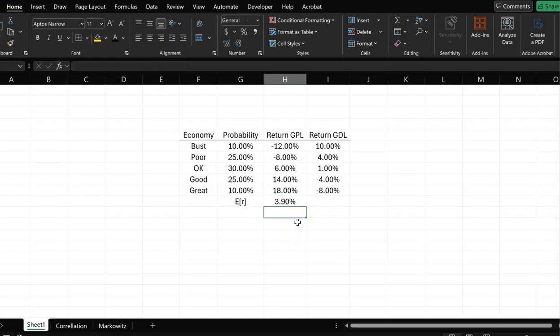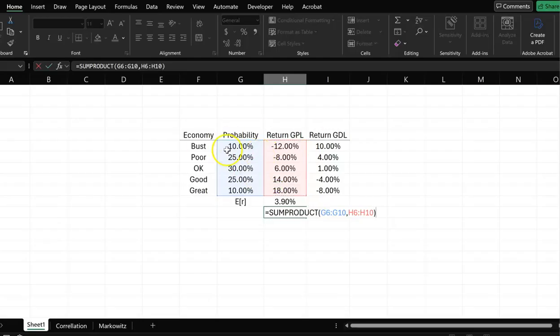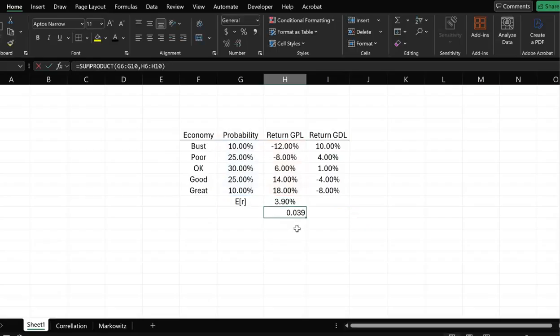All right, I want to mention here that there is a nice Excel function that will do that. It's called the SUMPRODUCT function. If you give it two sets of items, it takes each element in these two sets, multiplies them together, and then adds them all up. It does exactly what I just did the long way, and you'll notice that I get the same result.